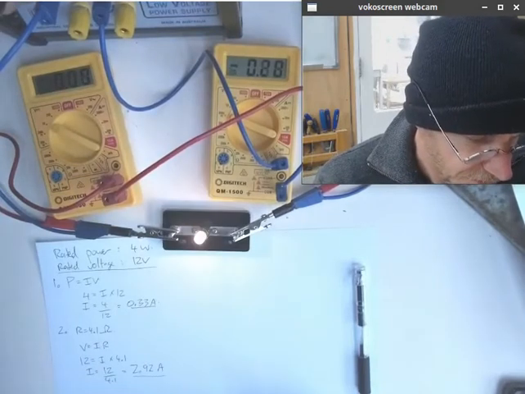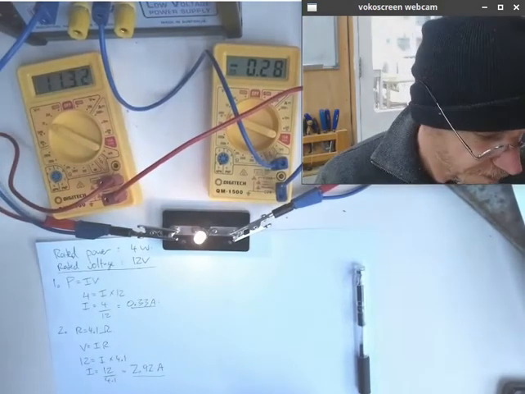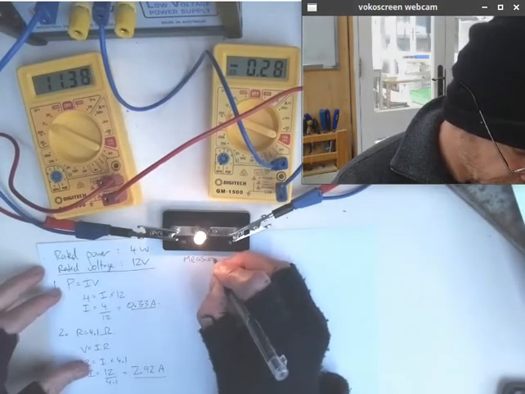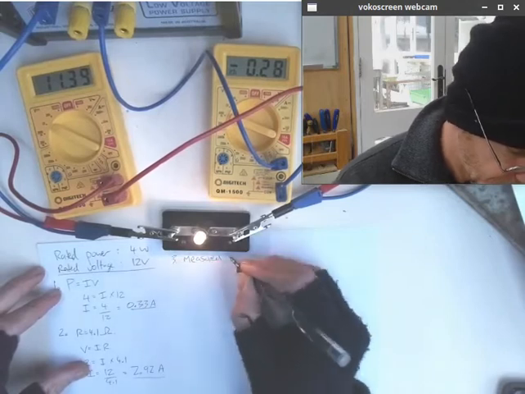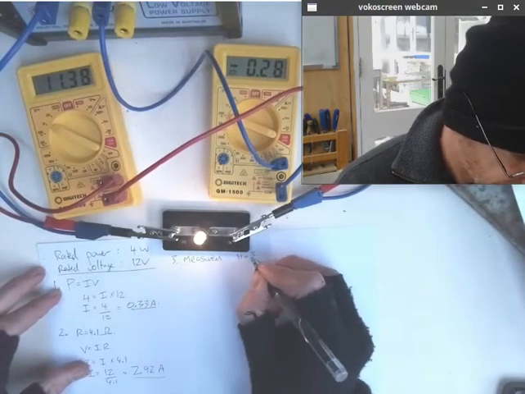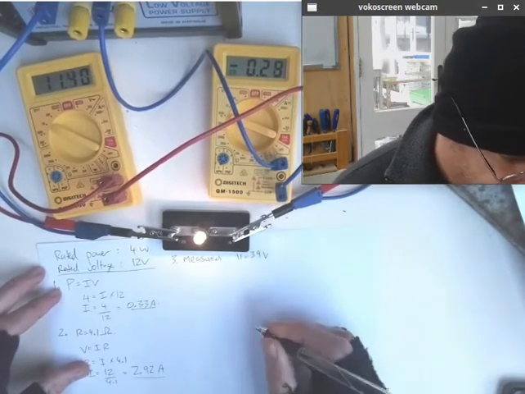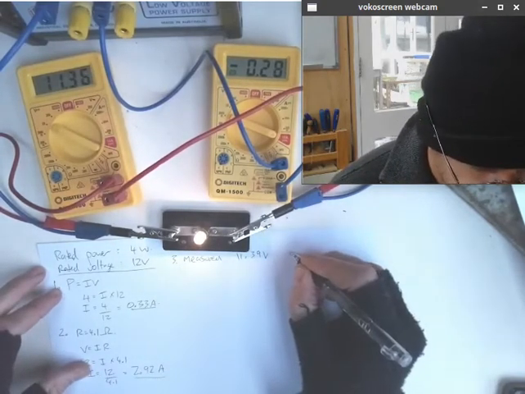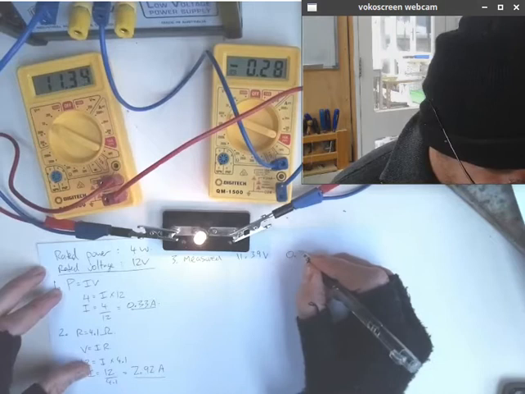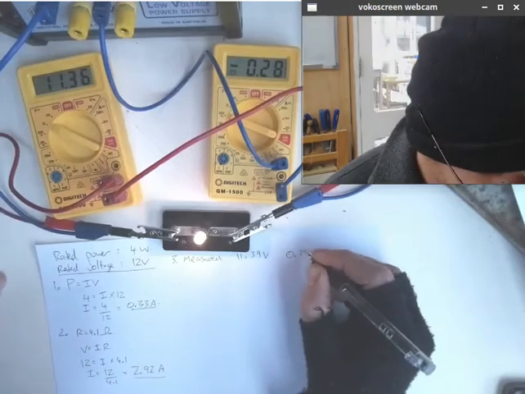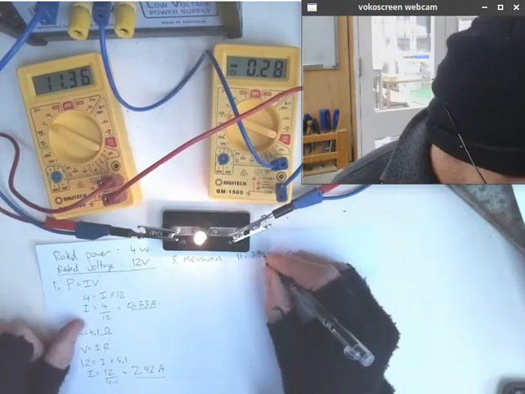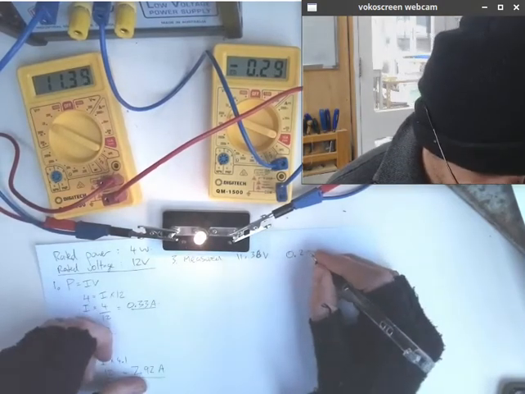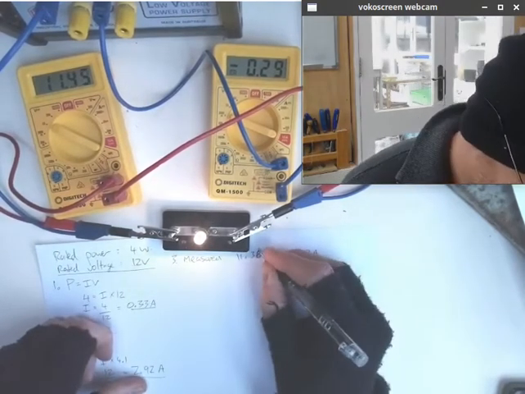We turn it on, and what do we see? 11.39 volts, and over here we're seeing, it's fluctuating a little bit, 11.36 volts and 0.2 amps it was at the same time, I think.